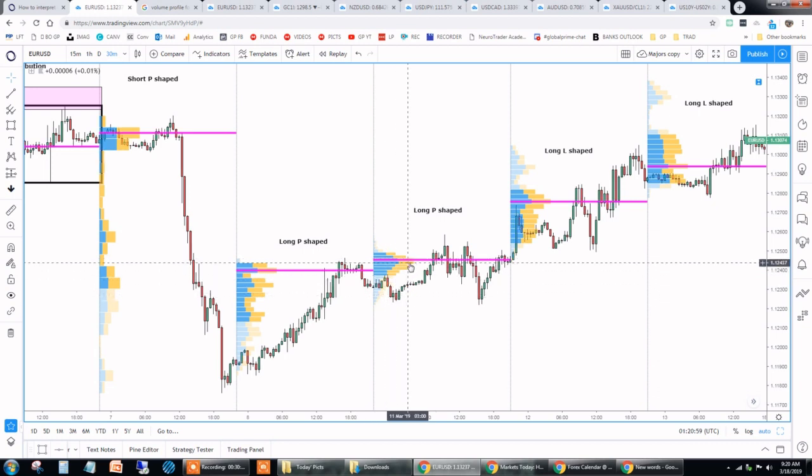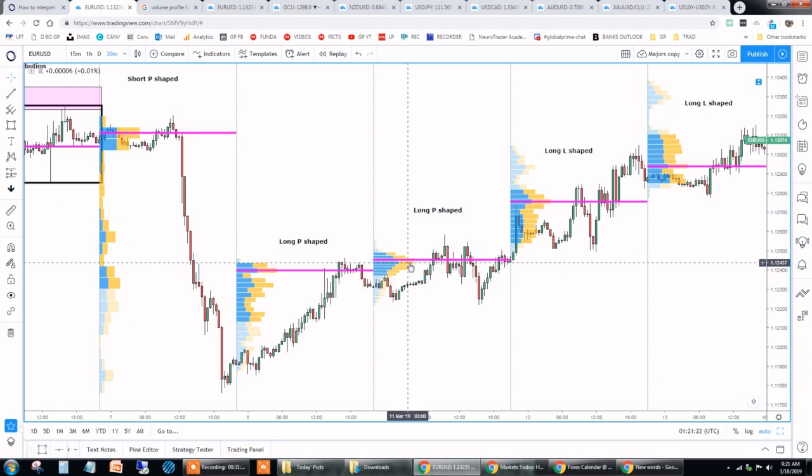So whenever you see a long P shape, what basically means here is that there are not going to be trapped shorts, but in this situation there's a risk of follow-through continuation with the trend right off the bat, especially if the prices are closing above or around the POC, okay?